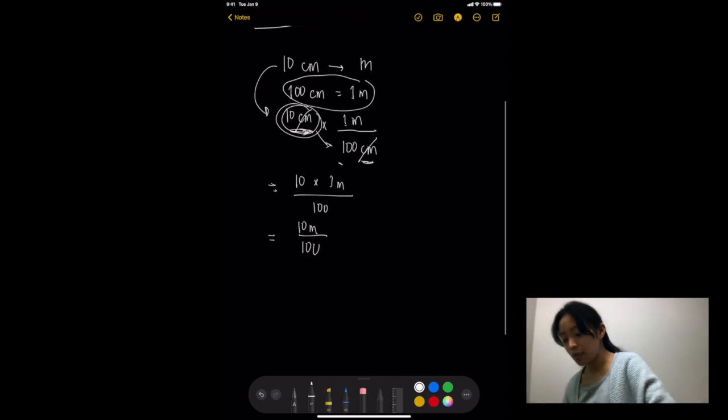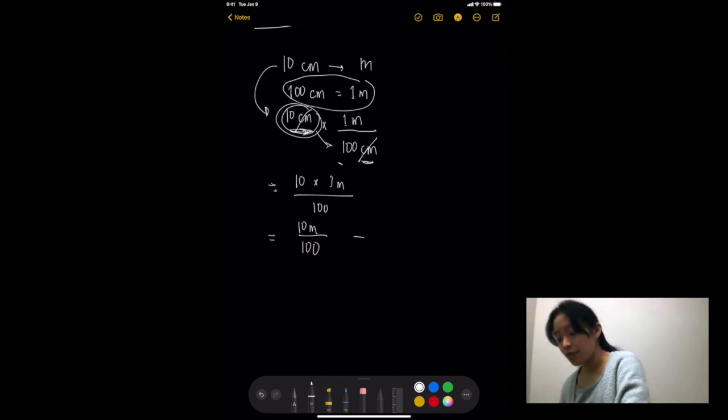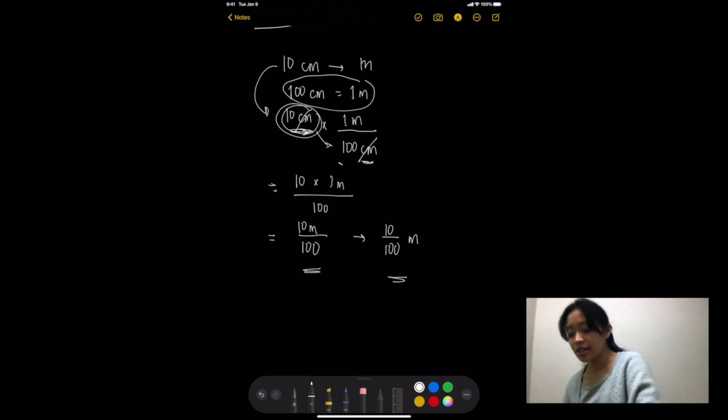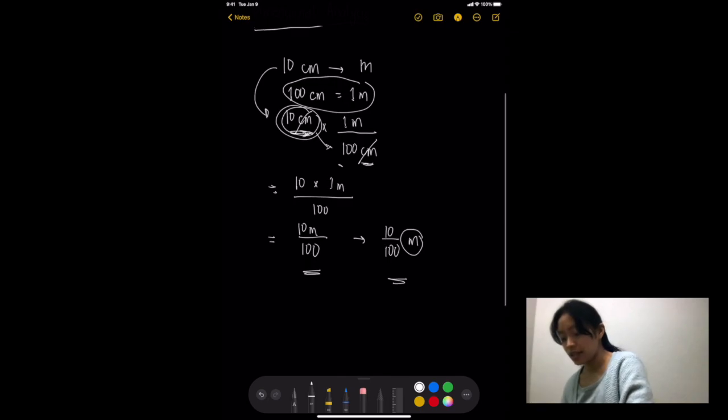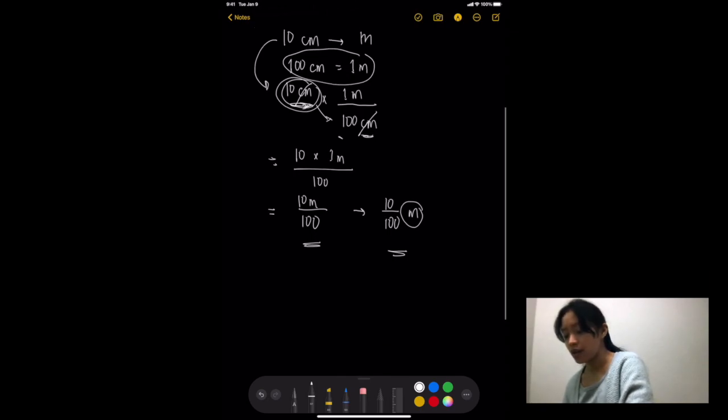Or to simplify this, I would have 10 meters over 100. But how are the numbers simplified? This 10 meter over 100 is just equal to 10 over 100 with the unit of meters. But what is 10 over 100?